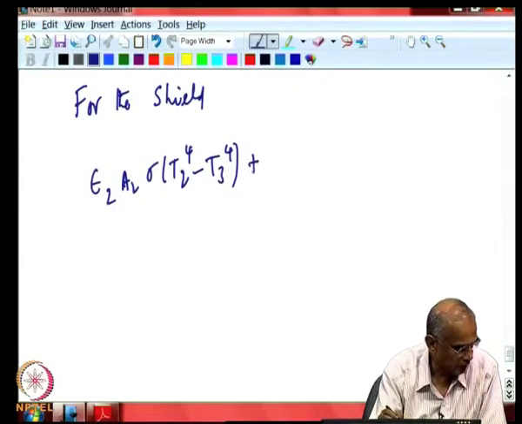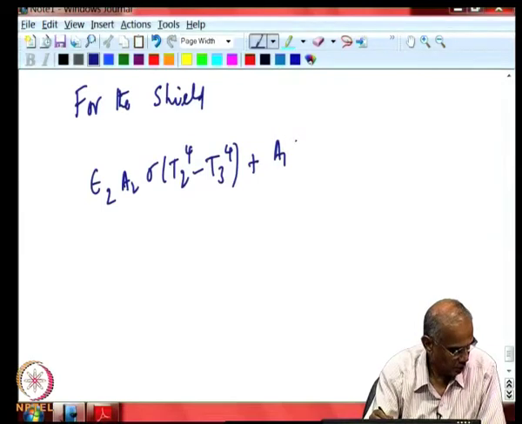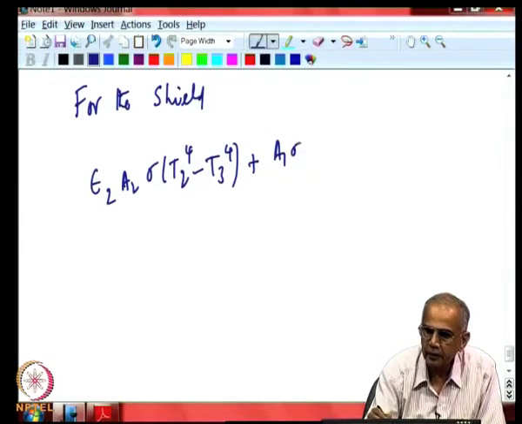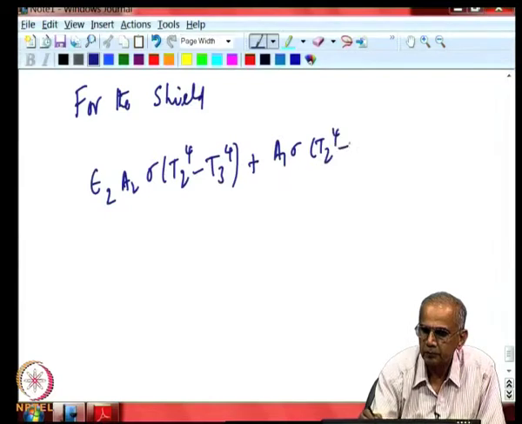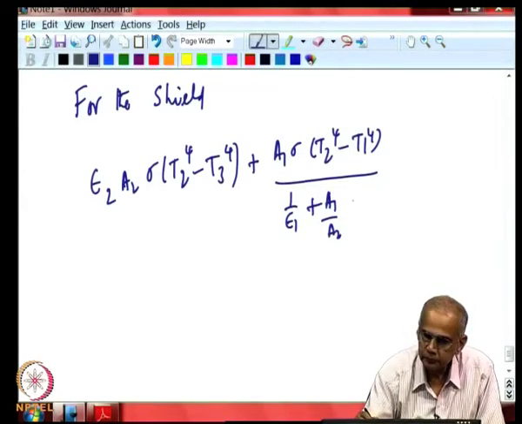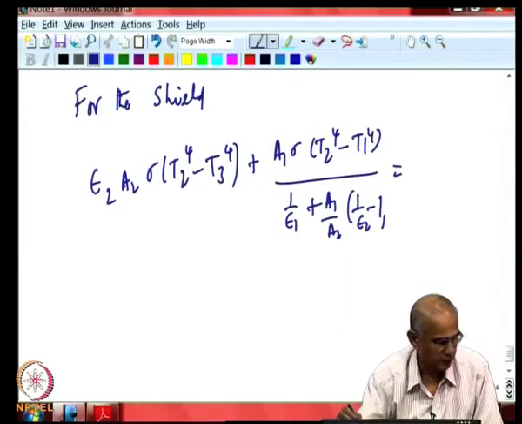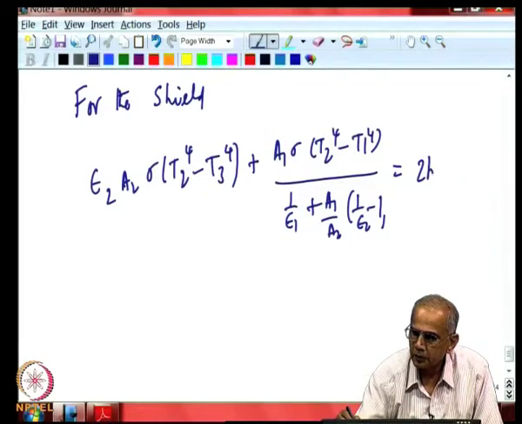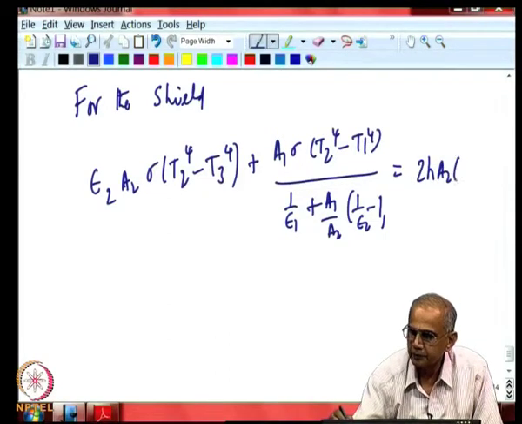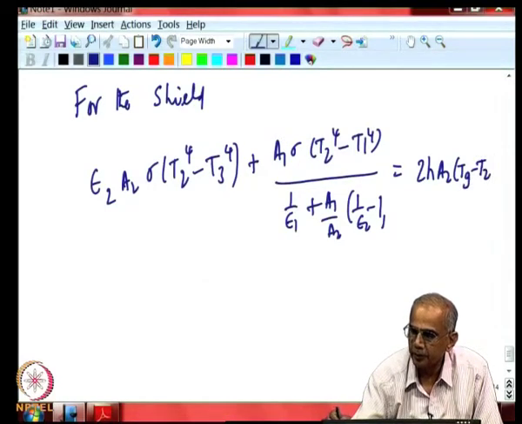Then what you just now derived between the shield and the thermocouple. And this has to be equal to heat lost by shield by convection, or gain, I am sorry, by convection.